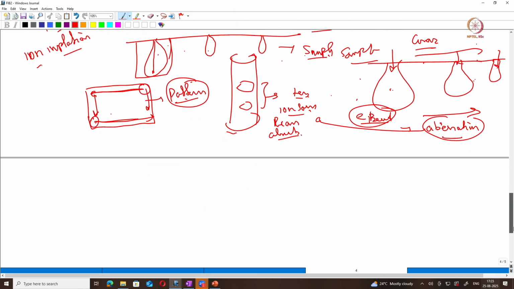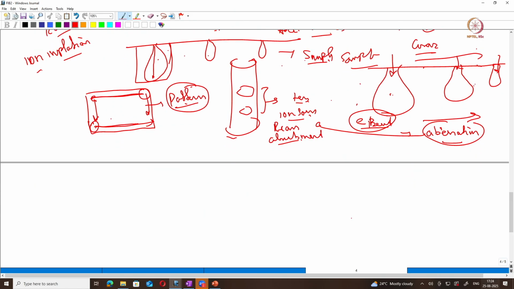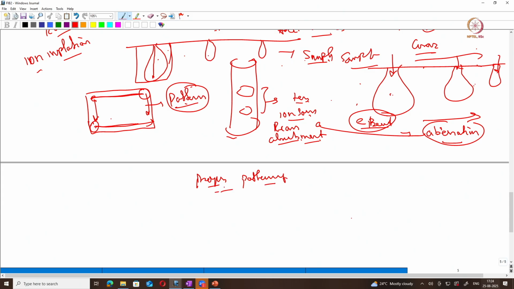If your ion beam alignments are not proper, then you may not get proper patterning. Even though you have set a pattern for a rectangular section, due to the aberration in the beam, you may not get a sharp rectangular cut or sharp rectangular sputtering. You may end up with a bulged shape due to the aberrations.